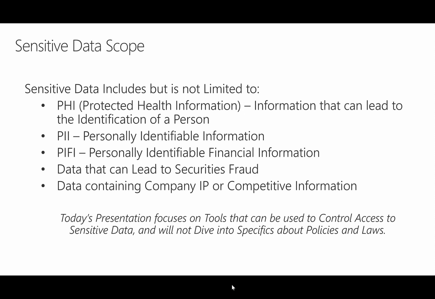In short, it's data that you either want to filter for specific people within your organization so they only see certain things, or data that you want to block external people from being able to access because it could either violate privacy laws or potentially compromise company intellectual property or information for competitive purposes.